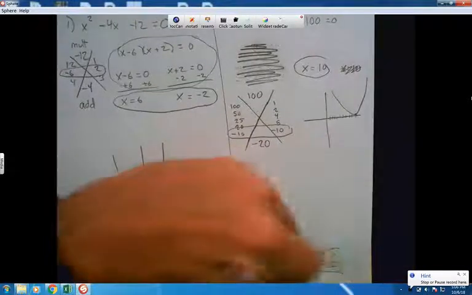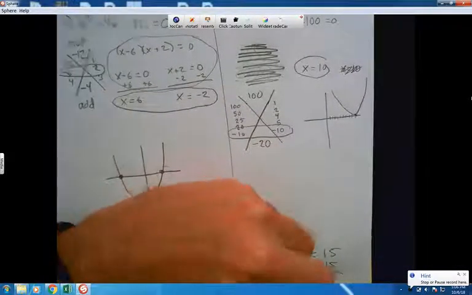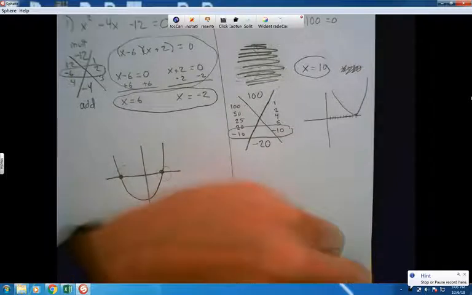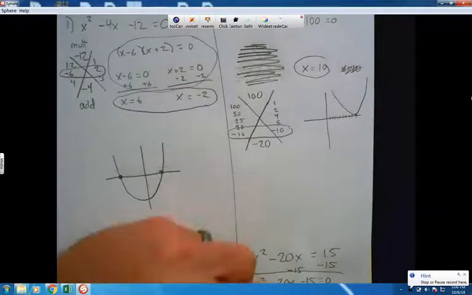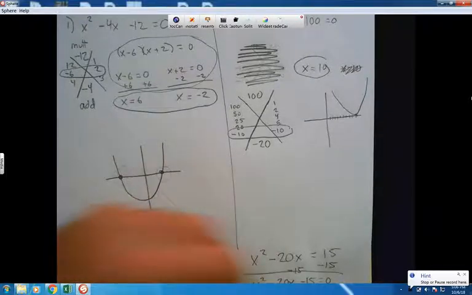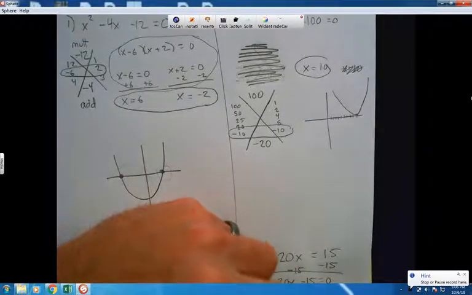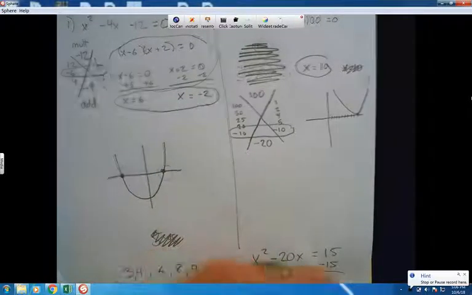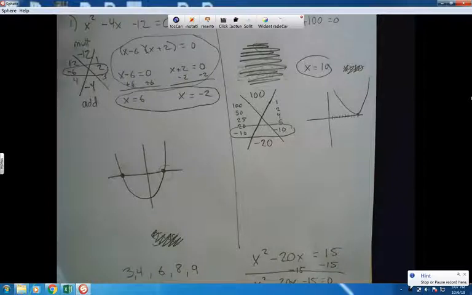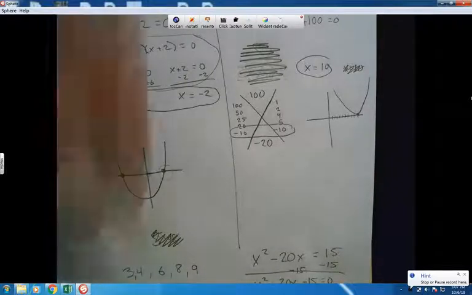Excuse me, not circle. You would subtract 15. And that would turn this into x squared minus 20x minus 15 equals 0. And then you would do your x. You're looking for numbers that multiply to negative 15 and add to negative 20, and then you would just keep on going, right?